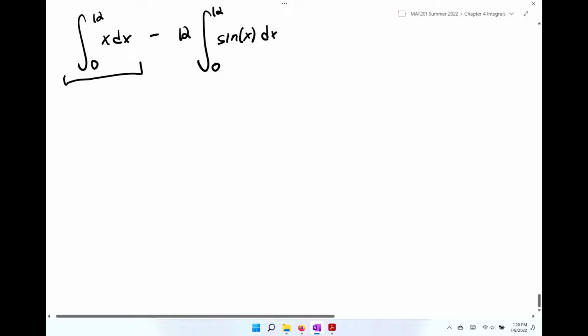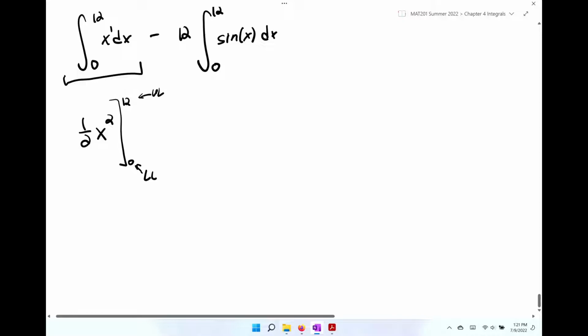So when we integrate x to the first power, we're going to get 1/2 x to the second. And there are ways to write this, but normally we just write it like this. We put a big bracket on the right-hand side, and we put the lower limit down below and the upper limit above. Let me write that a little nicer. Here we go.